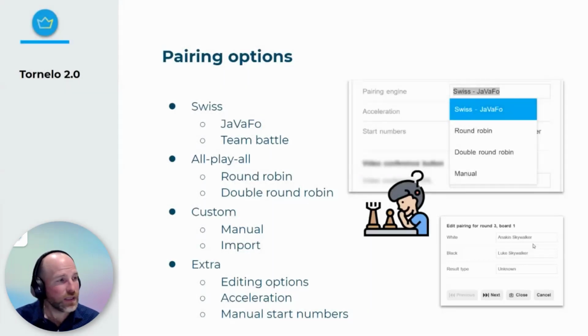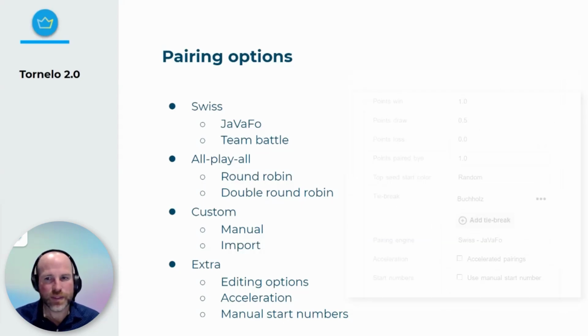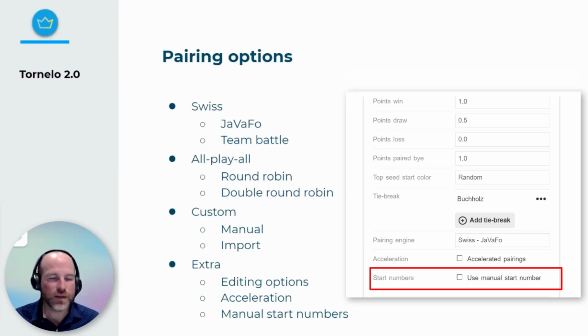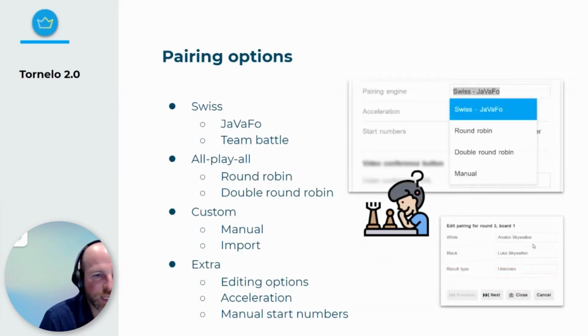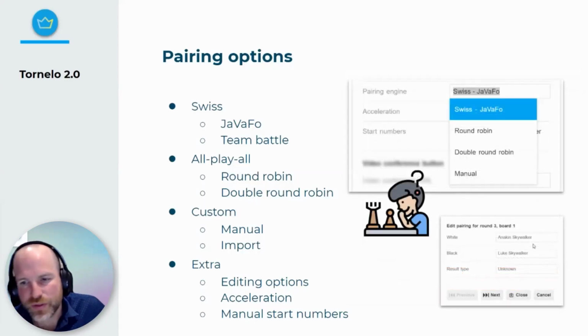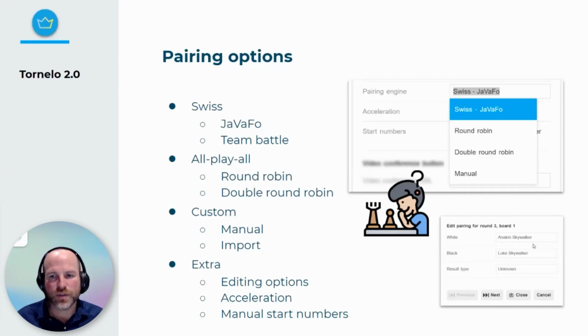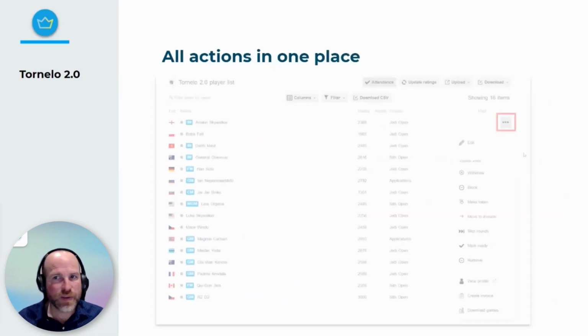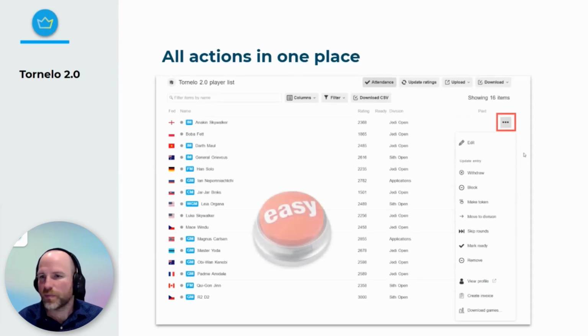If you've got a large number of players in a small number of rounds, you can do accelerated pairings, and you can manually set your start numbers so that you can play those round robins in the order that you'd like. So you can do your own drawing of lots, or however you want to get those start numbers set up, and you can choose the start numbers for your players in the tournament. So that's some of our new pairings functionality.